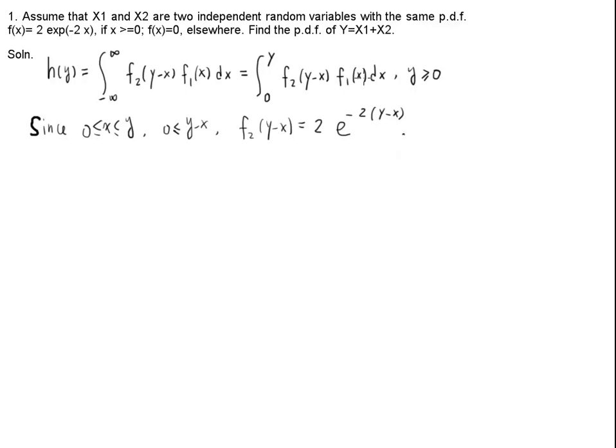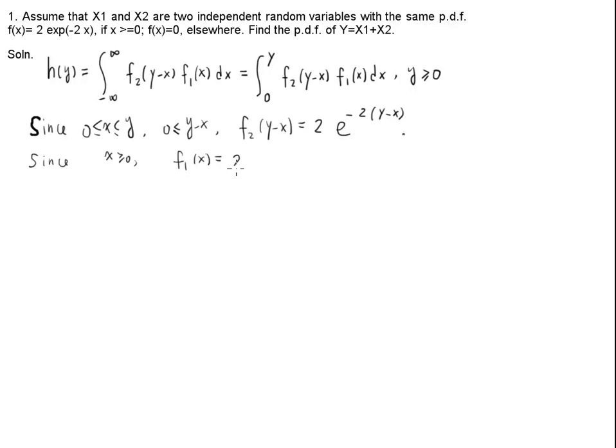Look at this x. x is between 0 and y. That means x is greater than or equal to 0. We just copy this reason over here again. Since x is greater than or equal to 0, we have f1 of x is again just this branch, not this one over here.